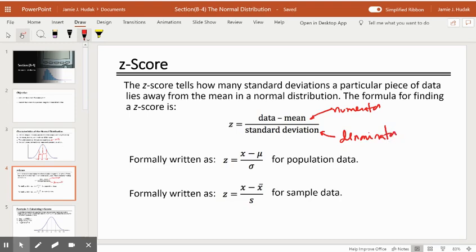And if we were dealing with the entire population data, then our mu represents the mean and sigma represents the standard deviation. And if we're dealing with sample data, then x bar is the mean and s is the standard deviation. And these numbers may differ because the sample data is based on a small group that you have polled, and the population data is based on the entire group.